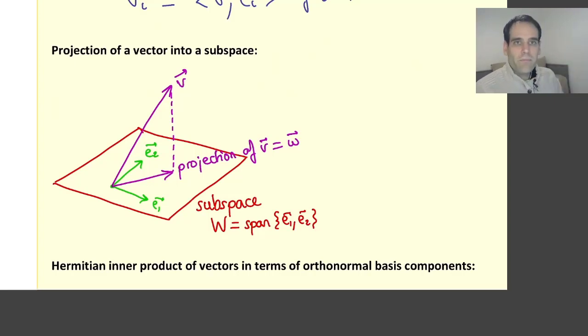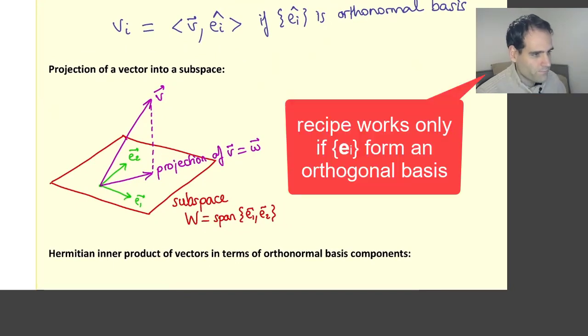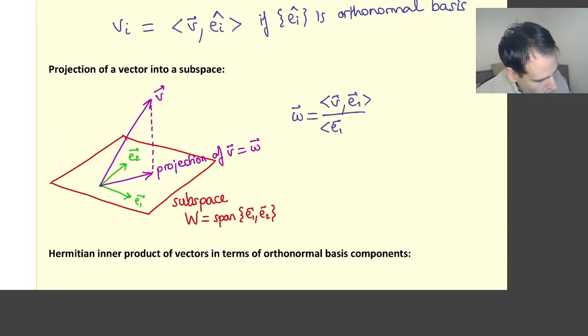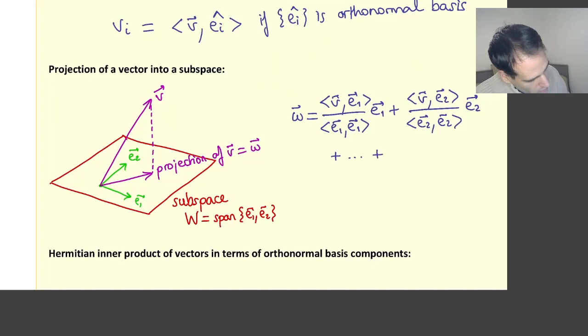So there is a very easy recipe to find the vector w, given that you know vector v, vector e1, and vector e2. And the recipe is the following. W is equal to v inner product with e1 divided by inner product of e1 with itself times e1 plus v inner product with e2 divided by e2 inner product with e2 times e2 plus dot dot dot up to en.